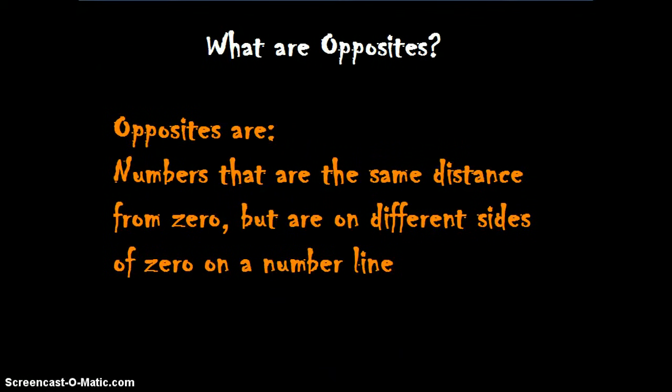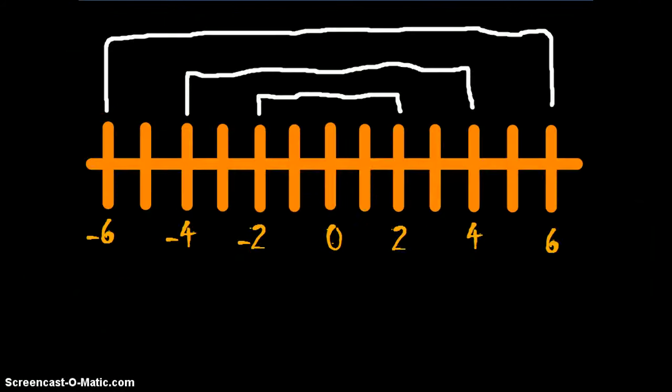So let's talk about opposites. Opposites are numbers that are the same distance from 0, but are on different sides of 0 on a number line. For example, let's look at positive 2. Positive 2 is 2 units away from 0.